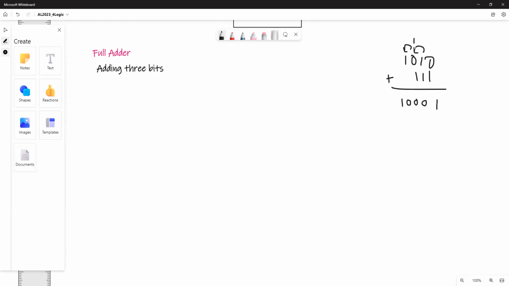So because of that, I'm going to discuss how 3 bits could be added. That means the input will include the carry from the previous stage.